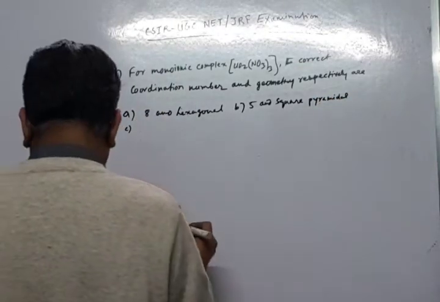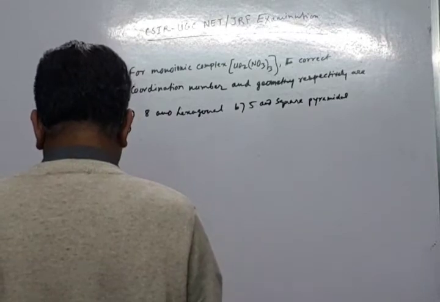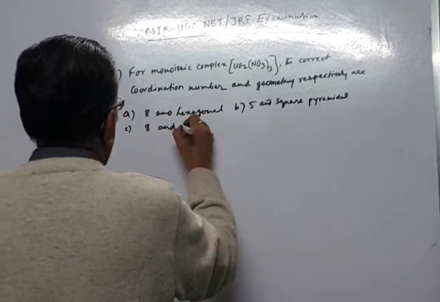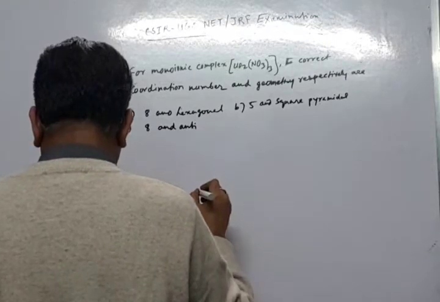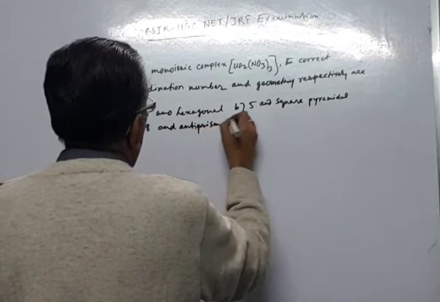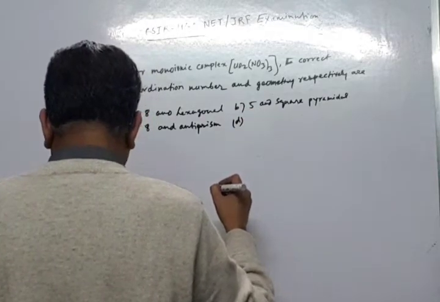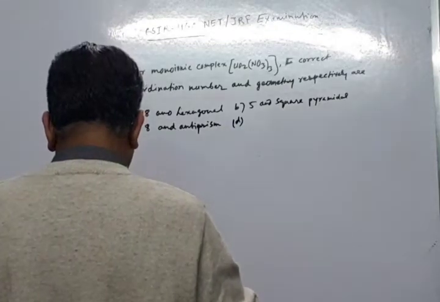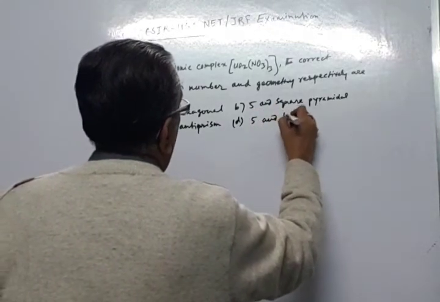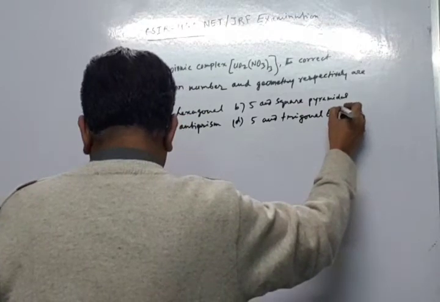C, 8 and anti-prism. And D, 5 and trigonal bipyramid.